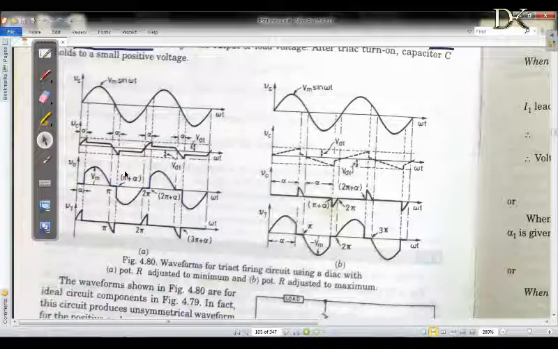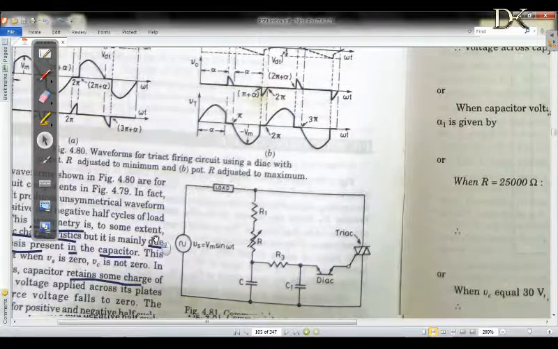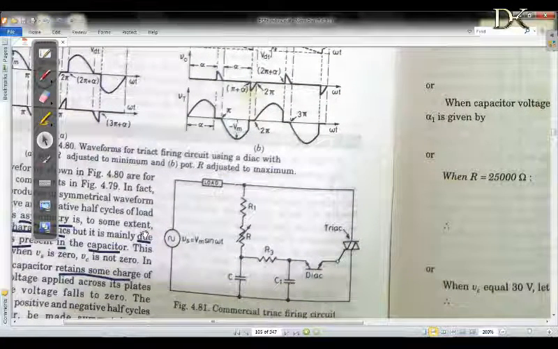This asymmetry can, however, be removed and the waveforms for the positive and negative half cycles made symmetrical if additional resistance R3 and capacitor C1 are employed.